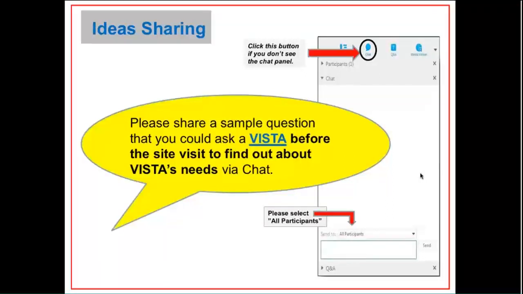Yes, and Carl is talking about, let's talk about what a regular day at your site looks like. Because this is also a learning opportunity for me as a VISTA leader, by asking these questions of my member, to understand better too. Then also, as Diamond said, looking at logistical needs.